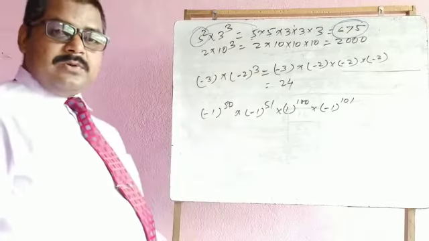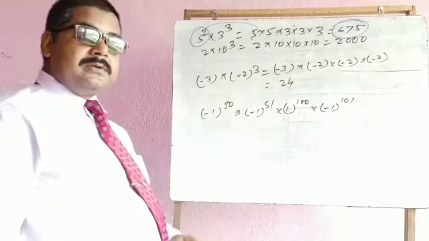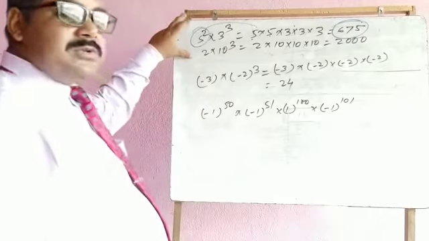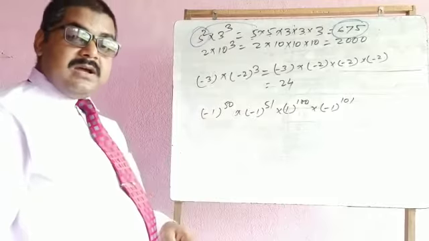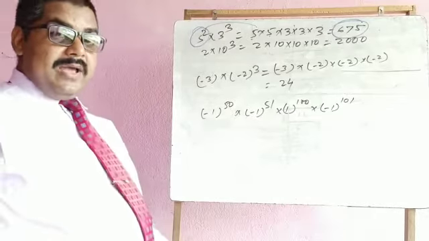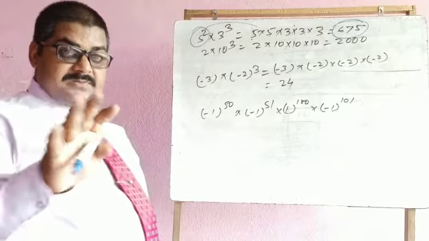Third type of question has been given: minus 3 into minus 2 to the power 3. What is the difference in these two questions? Actually, both the questions were given positive numbers, and now it has been given for negative numbers. And I have just discussed that when negative numbers are multiplied 4 times, the result must be positive.